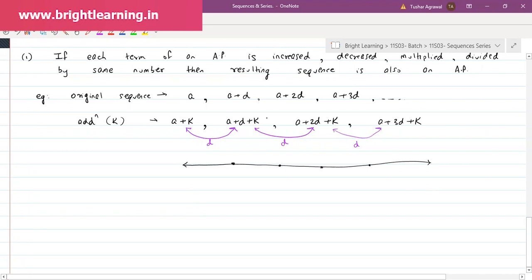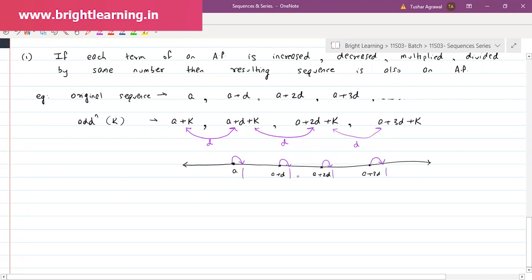If a positive number is added, all these points are shifting to the right side by the same distance. So ultimately the new distance is the same as previously.